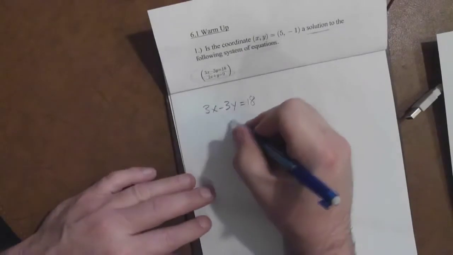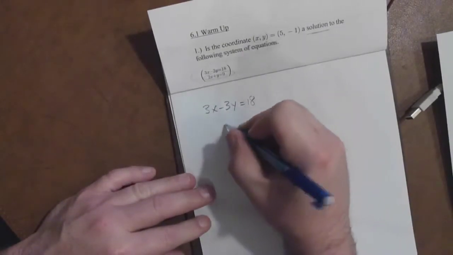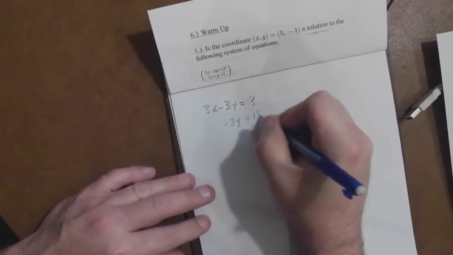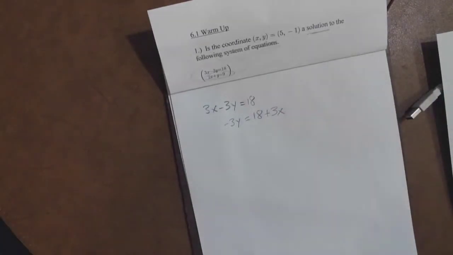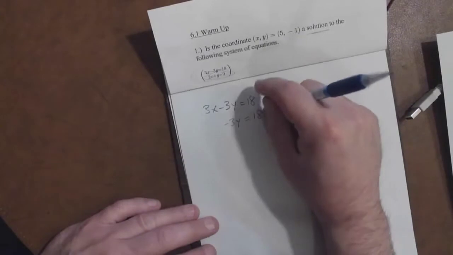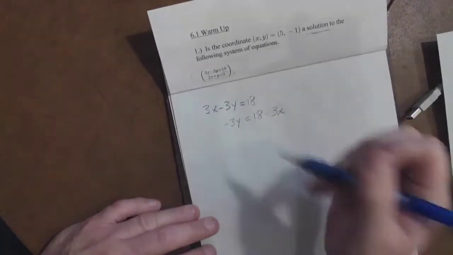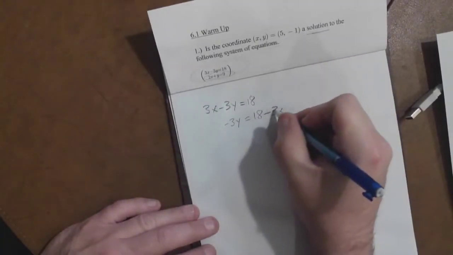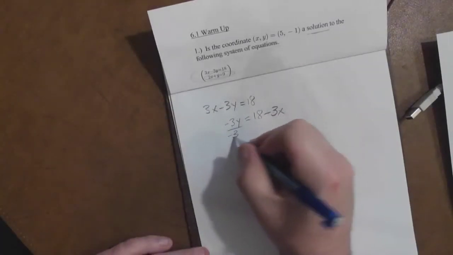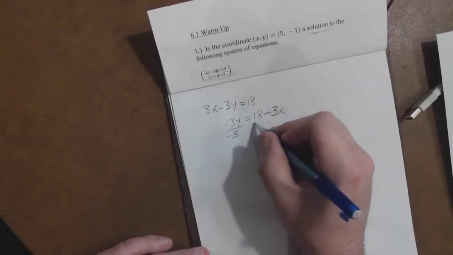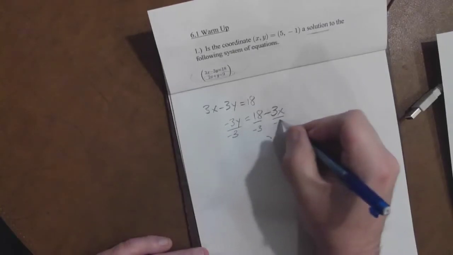So how do I solve it for y? Well, I might add 3y to both sides. Or not 3y, 3x. You could add 3y, but let's add 3x. And then we wouldn't be adding, we'd be subtracting. Let's just approach it this way. Let's subtract 3x from both sides, and then let's divide both sides by -3. Now, when you divide on the right by -3, you are going to have to divide everything by -3.